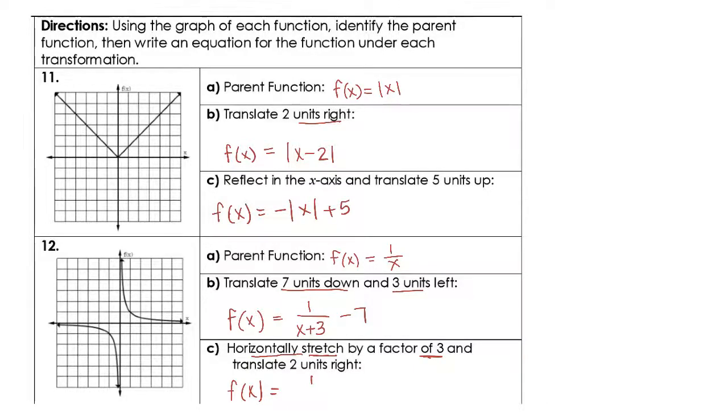We're going to have 1 over, because again we're dealing with that reciprocal function, and so we're going to have 3 down here, and then we're going to translate 2 units right. So I know I've got to subtract 2 also inside that function, so I need parentheses.